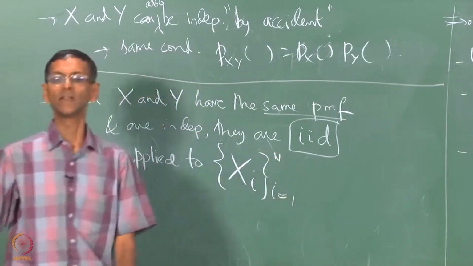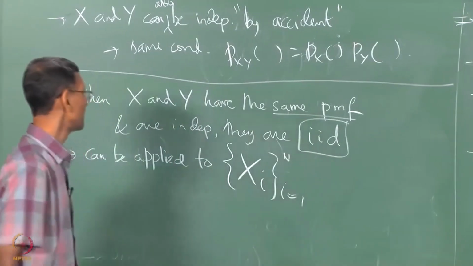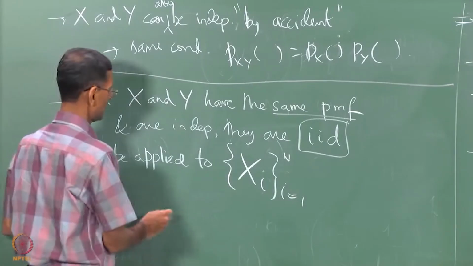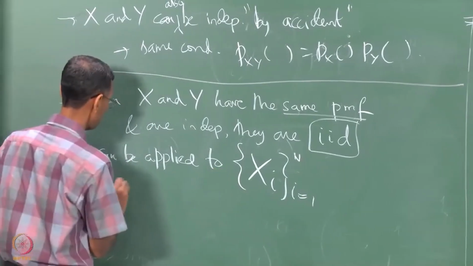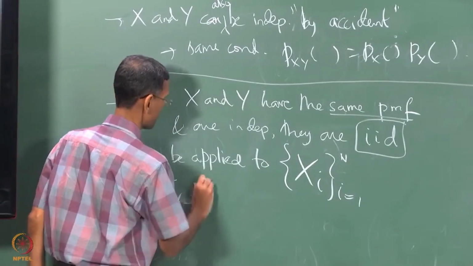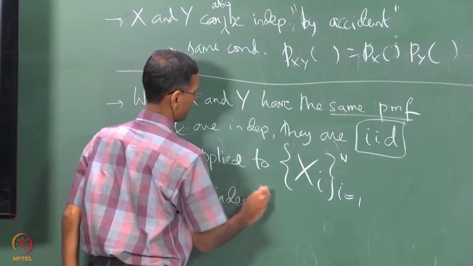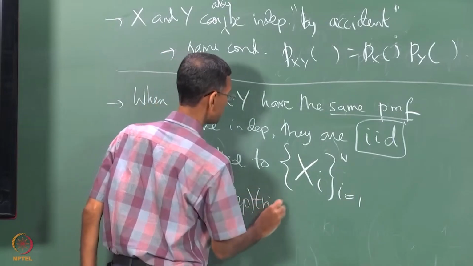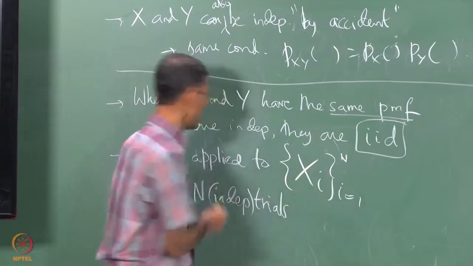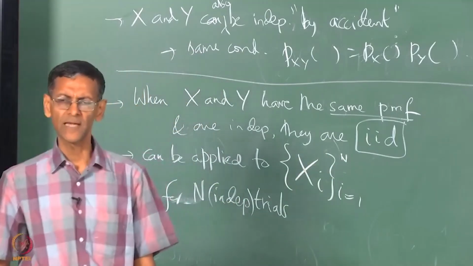So I can have a sequence. xi can be, let us say, for n independent trials. Of course, they are always independent, I am just saying it. Usually we interchangeably use uppercase N and lowercase n.